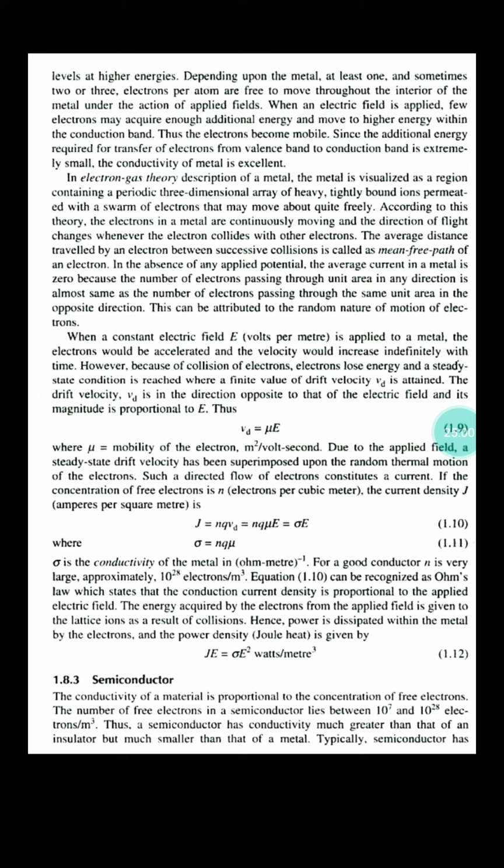Then conductivity is nothing but the degree to which a specified material conducts electricity, calculated as the ratio of current density in the material to the electric field which causes the flow of electrons. So what is the expression? J bar equal to sigma E bar, sigma equal to J bar by E bar. J bar means current density, E bar means electric field.